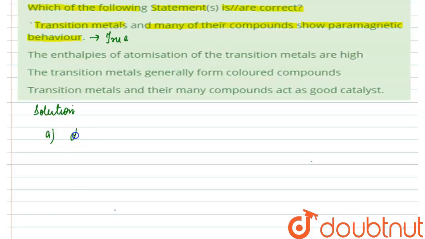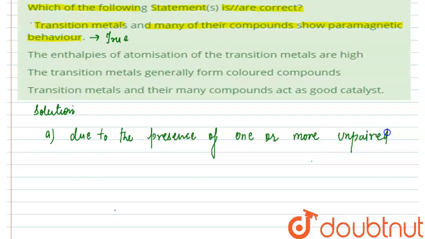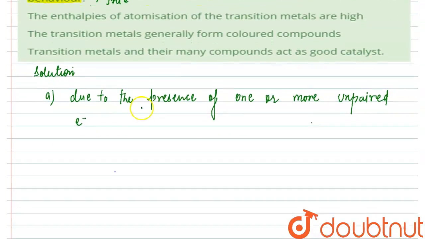Due to the presence of one or more unpaired electrons, they show paramagnetic behavior.